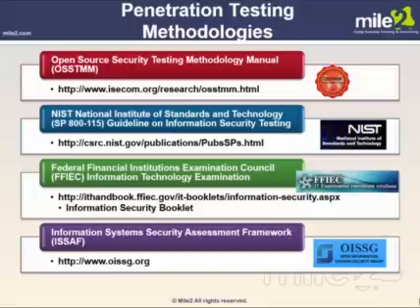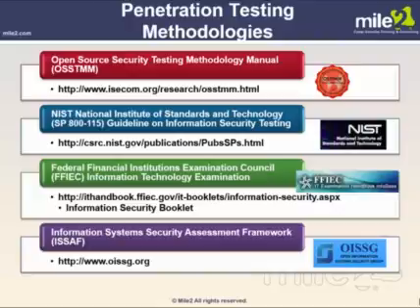NIST, National Institute of Standards and Technology. This is going to be coming off of the SP 800-115, which is the Guide on Information Security Testing, which can be found at csrc.nist.gov/publications/pubsps.html. Again, also highly recommend you at least take a peek at that.